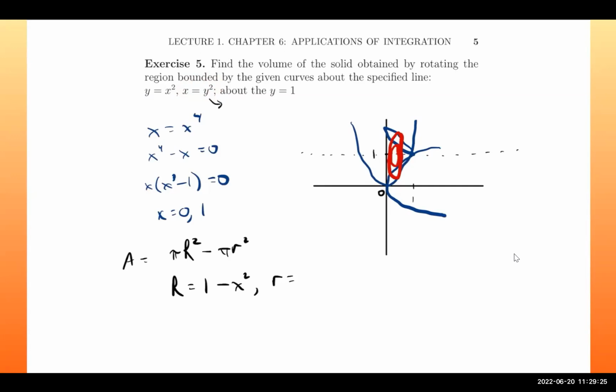So if you solve for y here, you're going to get y equals square root of x, plus or minus, but we're only considering this one. We're not considering this one. So your small radius is going to be 1 minus radical x, because it's this distance. As you can see, this is 1 minus that, which is radical x.